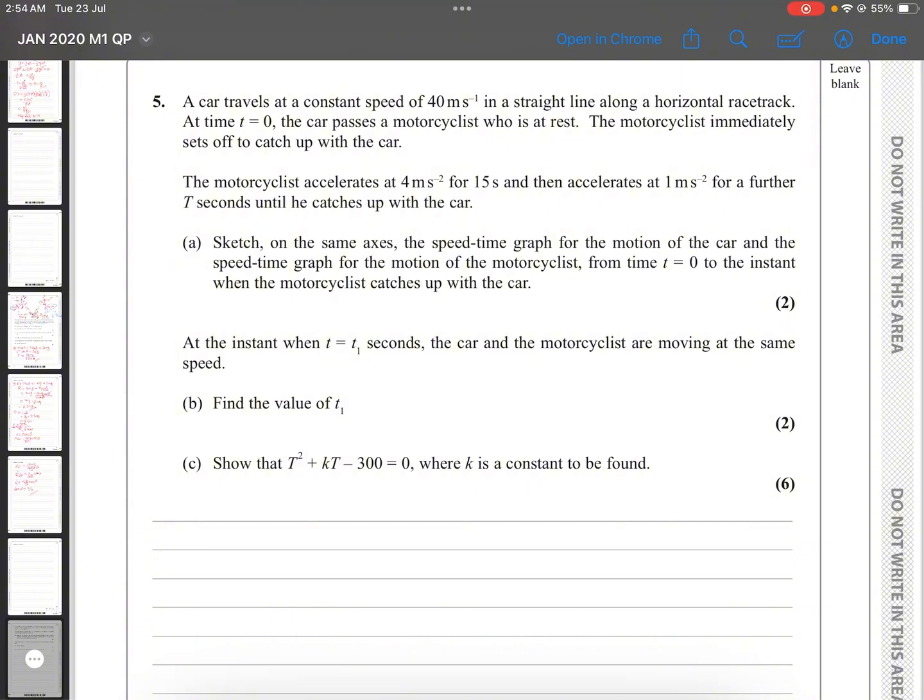The motorcyclist accelerates at 4 meters per second squared for 15 seconds and then accelerates at 1 meter per second squared for a further t seconds until he catches up with the car. Sketch on the same axes the speed-time graph for the motion of the car and the speed-time graph for the motion of the motorcyclist from time t equals 0 to the instant when the motorcyclist catches up with the car.